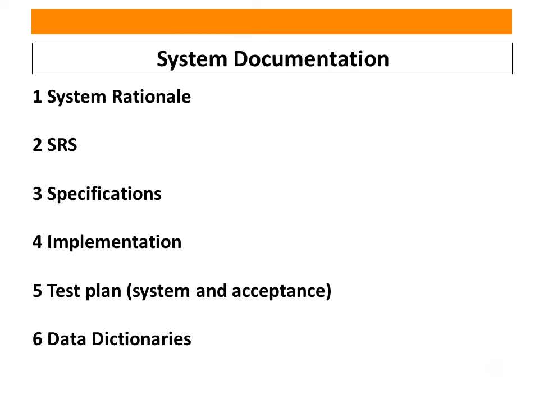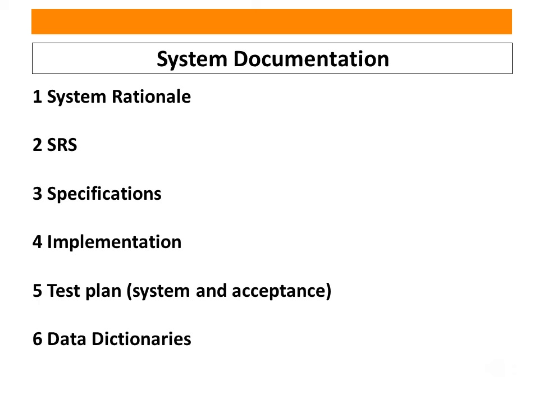If we categorize the test plan, we have two test plans: system and acceptance. When we talk about testing, there are unit, integration and system testing. These basic types of testing are on the basis of modules, to check the modules.